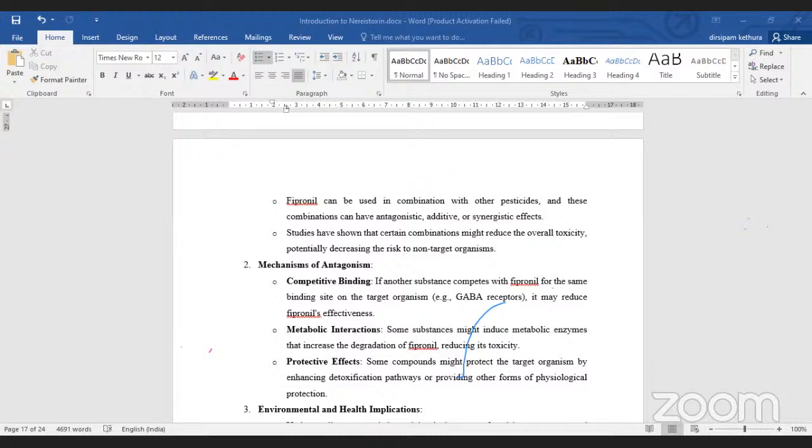It will not perform its actual functions. Because of that improper functioning, the organism couldn't produce the products required for its survival. So ultimately, it leads to the death of the organism. This is all about the channels where these molecules are acting.